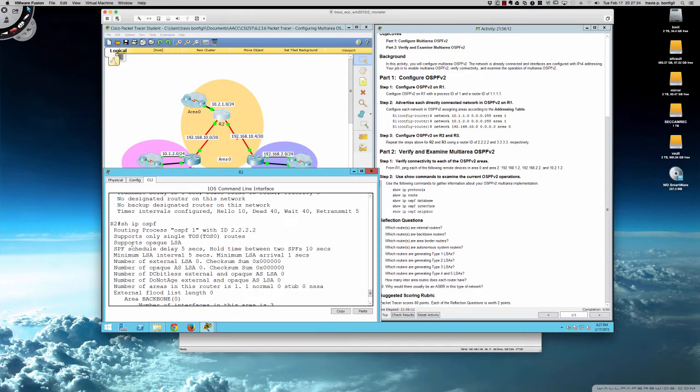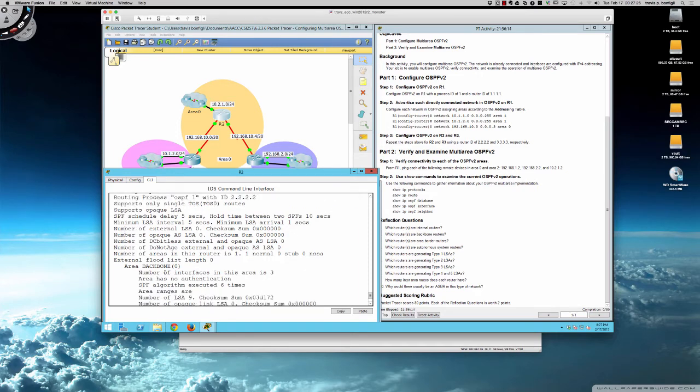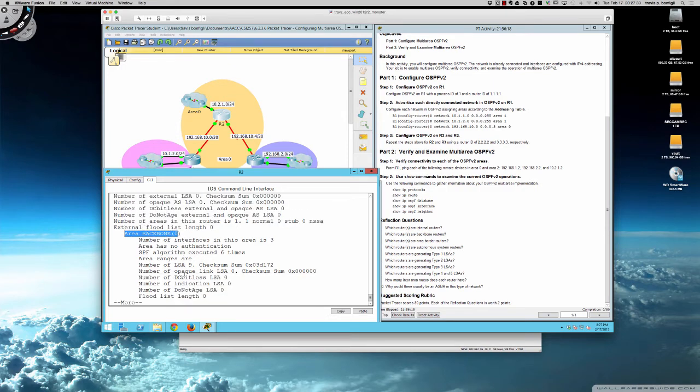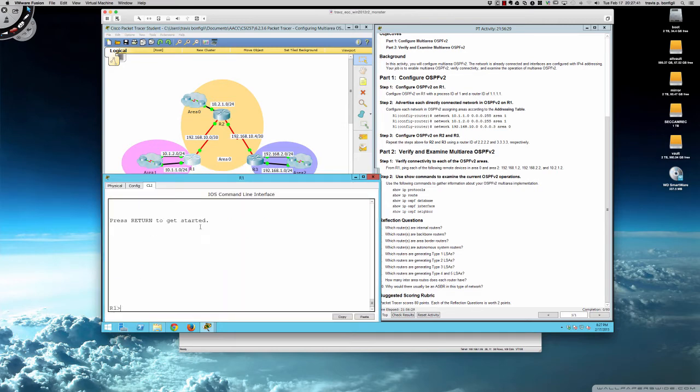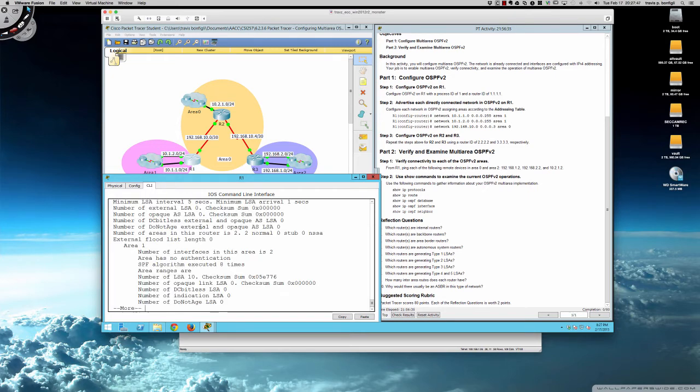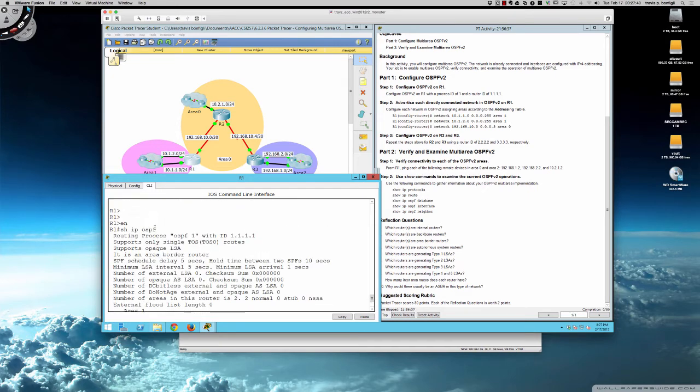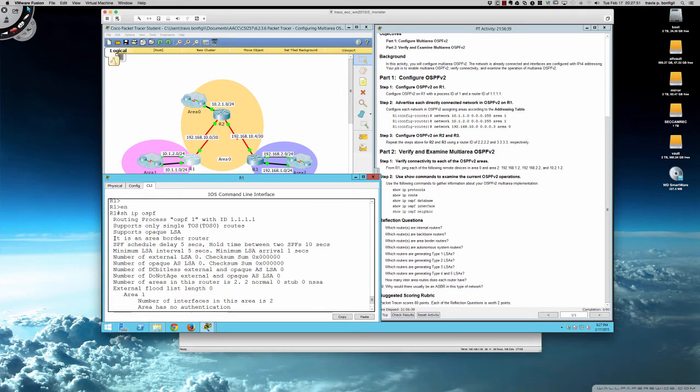And so it doesn't say anything for router 2, right? But he is in area 0, so all of his interfaces are in area 0. So this is truly an internal router as well as a backbone router. So then router 1 should show us that it is an ABR as well. So we'll go from user exec to privilege exec, show IP OSPF, and there you go. It is an area border router.